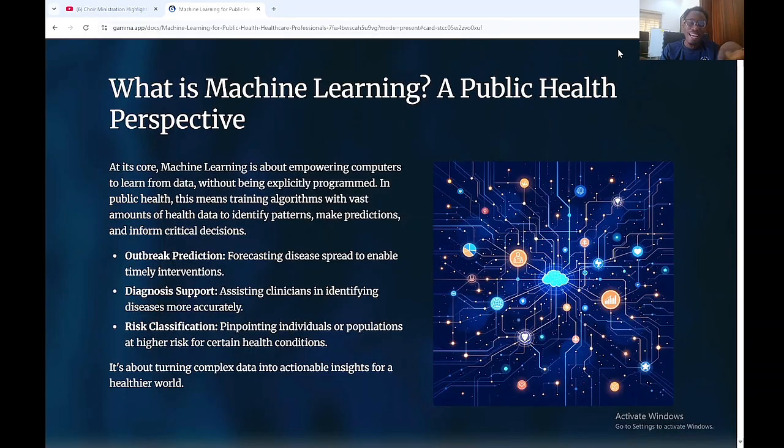Essentially, that is what machine learning is all about in public health, because it tries to understand patterns, and it makes it easy for us to get quicker decision support. Again, it helps us to classify risk, pinpointing individuals or populations at higher risk for a certain health condition.